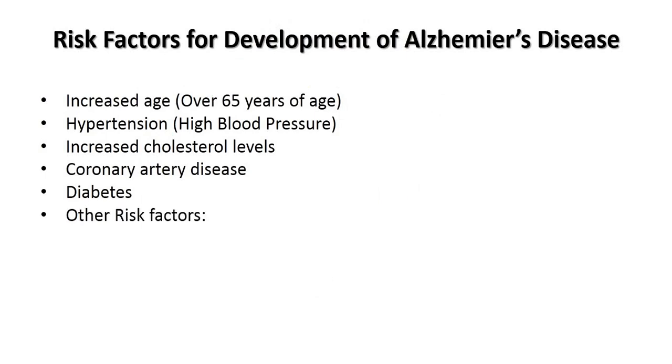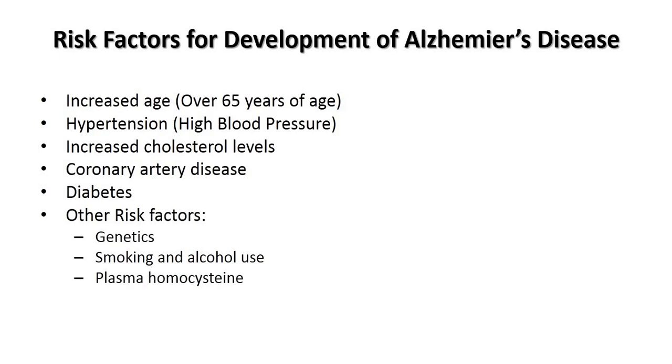There are other risk factors such as genetics, a person who smokes or drinks alcohol, increase in plasma homocysteine, patients with chromosomal abnormalities such as Down syndrome, and patients who already have a mild to moderate amount of cognitive impairment. They are all at greater risk of developing Alzheimer's disease.